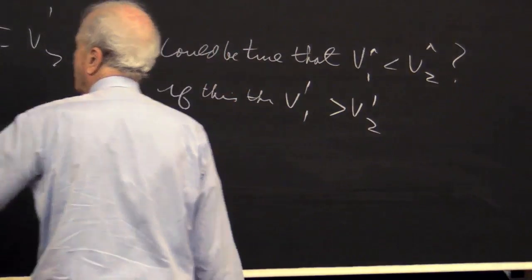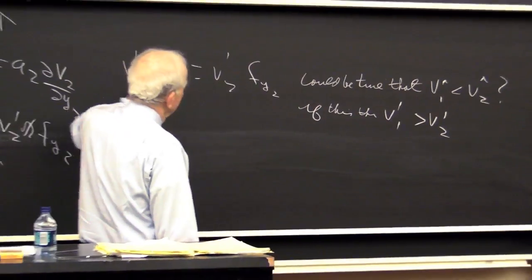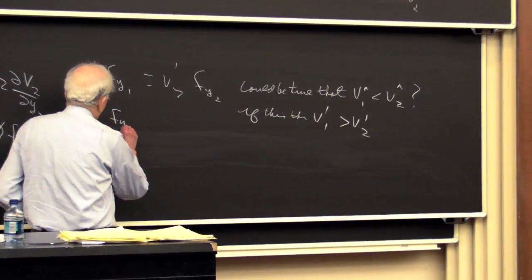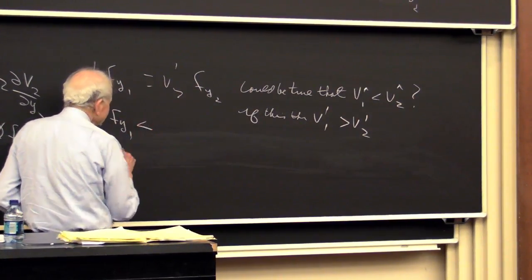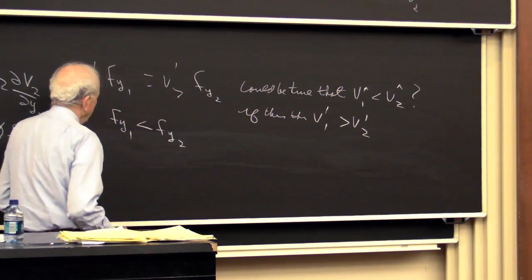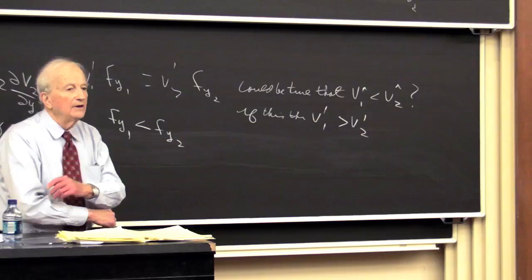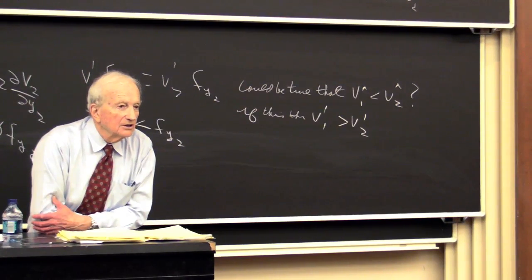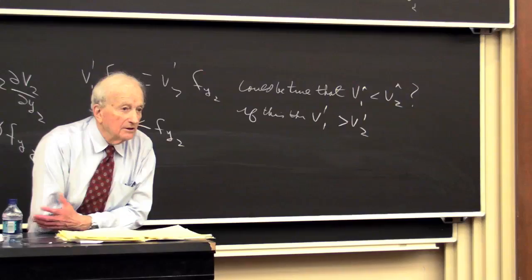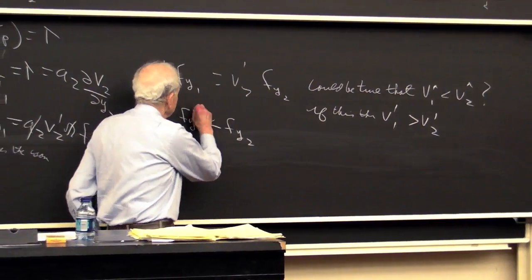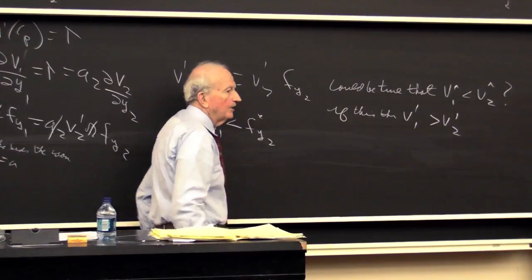Right, now let's look at our first order condition. If this is greater than that, it implies that F y1 is less than F y2. That is, the marginal product of investing in child 1 is less than the marginal product in equilibrium of investing in child 2, and therefore we have a contradiction.